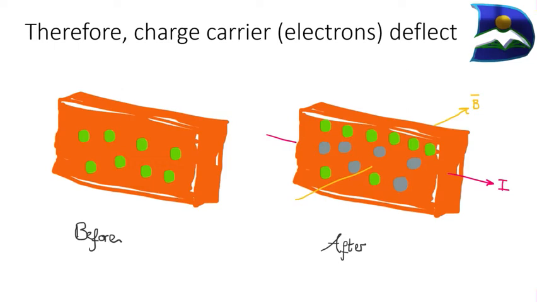This deflection creates the electrical field, expressed as Ez, along the z-axis.